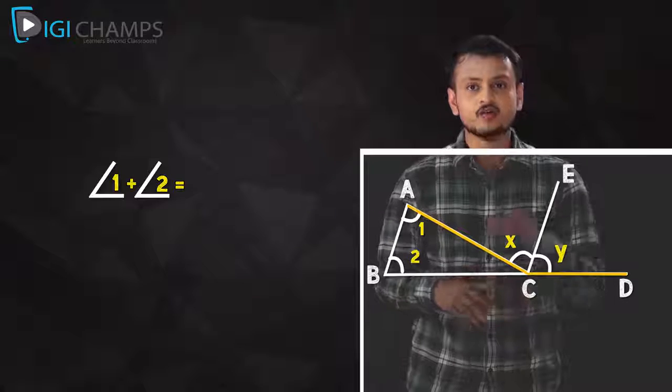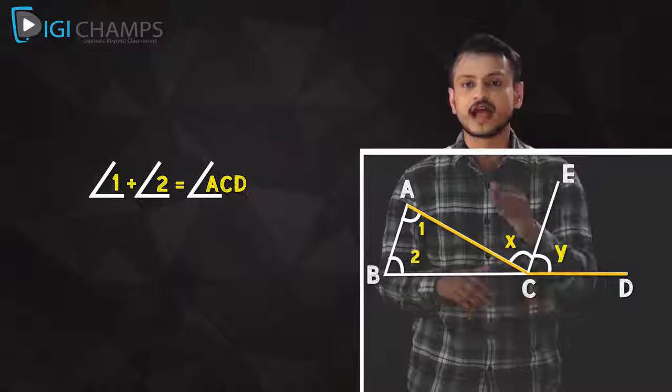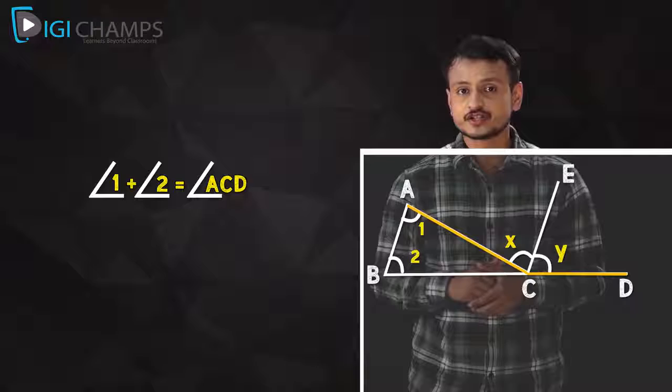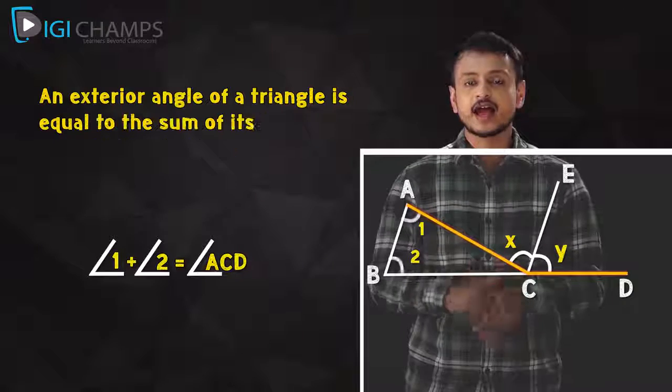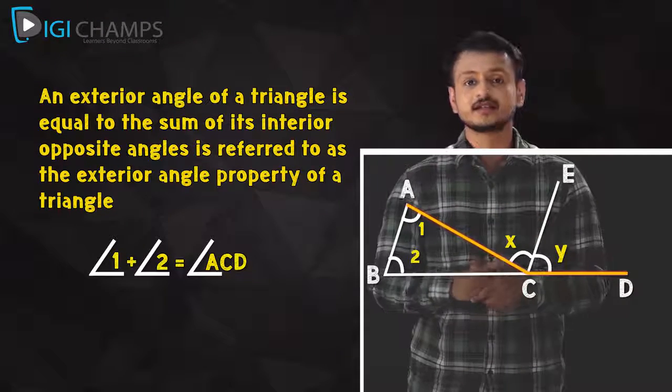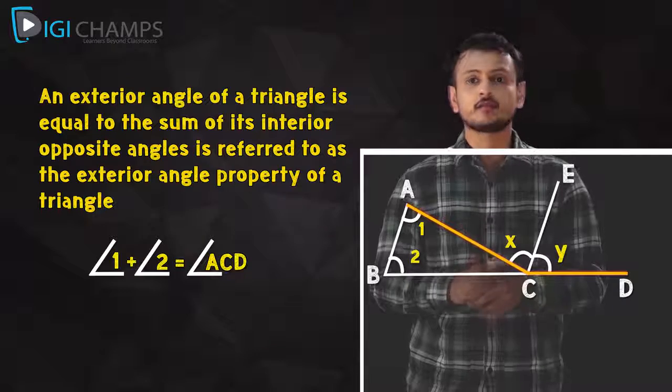So therefore angle 1 plus angle 2 is equal to angle ACD. The above relation between the exterior angle and its interior opposite angles is referred to as the exterior angle property of the triangle.